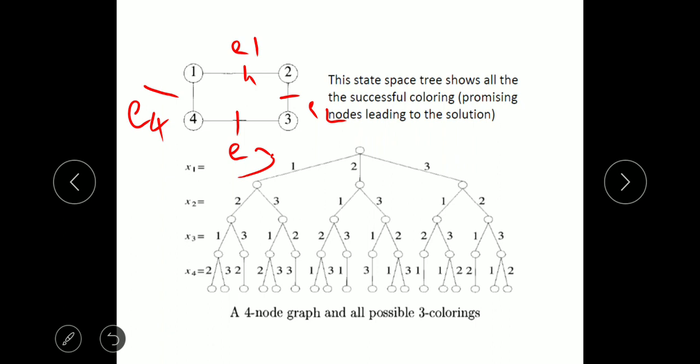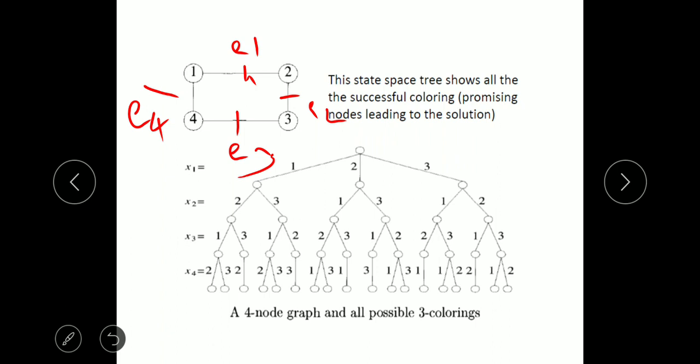We have always seen that backtracking makes use of state space trees to depict the promising nodes as well as the non-promising nodes in order to obtain a solution.